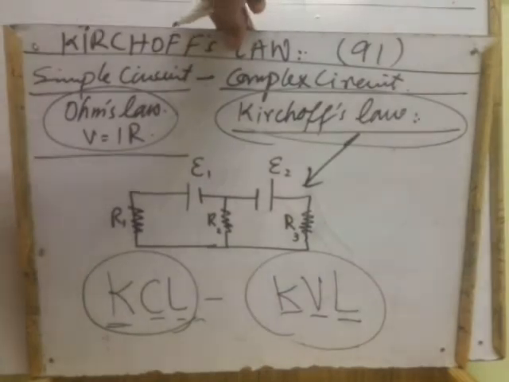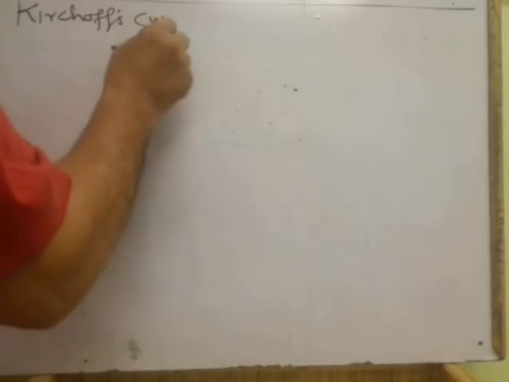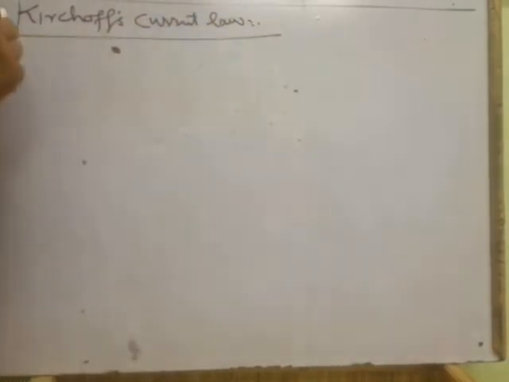Now, we will explain KCL and KVL individually, one by one. So, what is KCL? Kirchhoff's current law. What is the statement of this law?